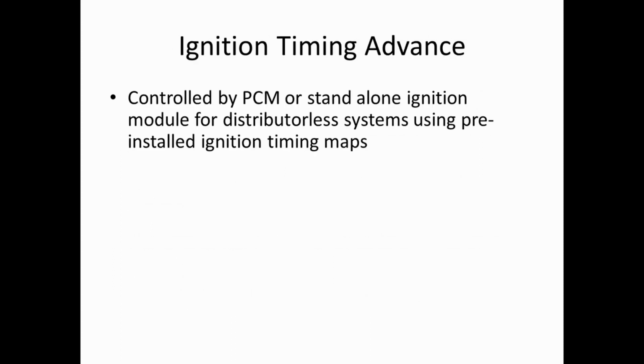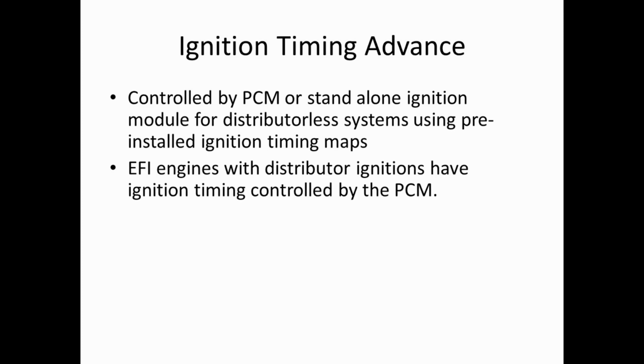In electronic systems, it is controlled by the engine powertrain control module, or at least a standalone ignition module, for distributor systems, and usually distributorless systems, and it usually uses a pre-programmed ignition timing map.